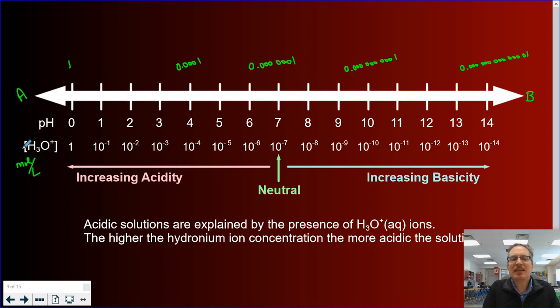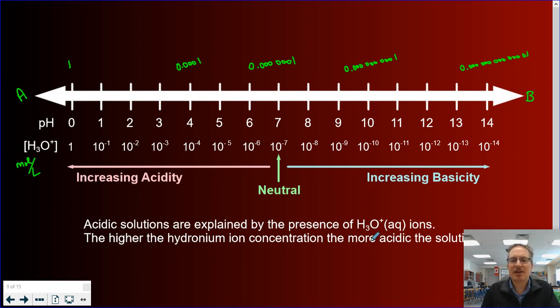We would expect these hydronium concentrations to be extremely weak, if not non-existent, over here by a base, because why would a base have any acid properties? So it's not a surprise that this number is so extremely small, because bases would probably not have many hydronium ions, because hydronium is the definition of an acid.